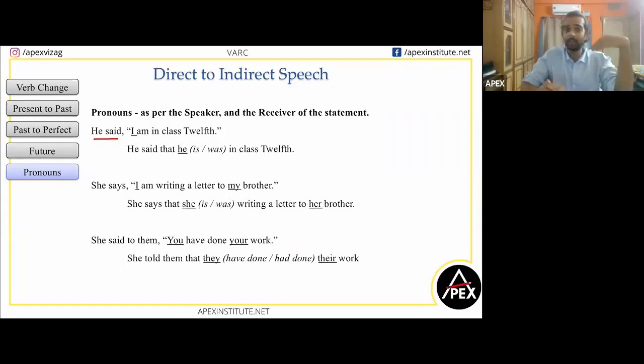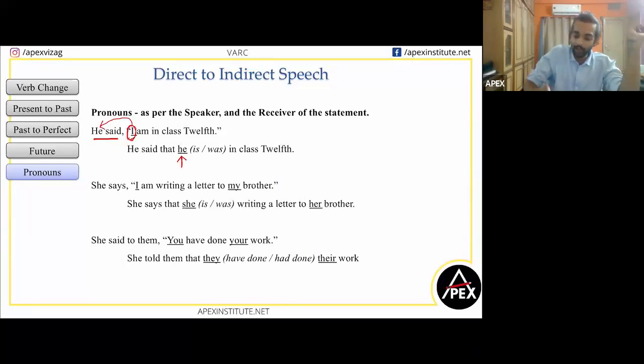Tanu told me, right? So see, whatever is the gender of this I is decided with this pronoun. He told me. So for that person, for that subject, I will replace it with that particular pronoun.